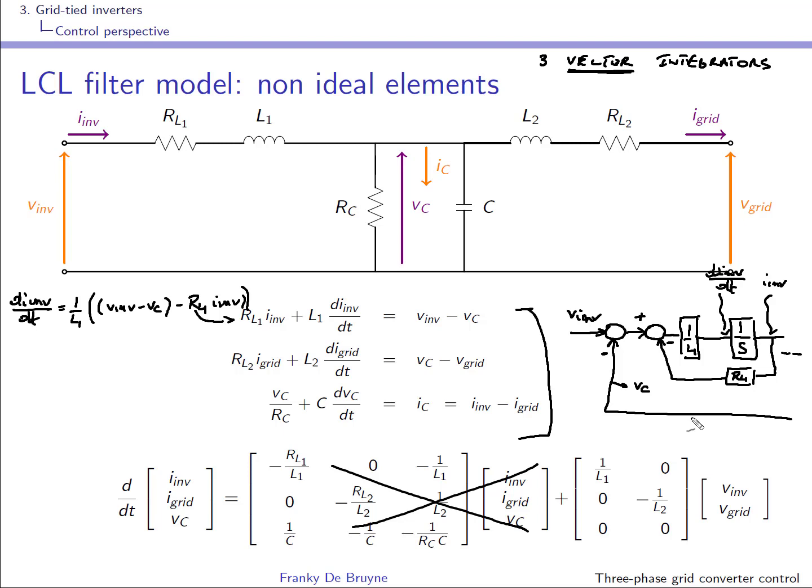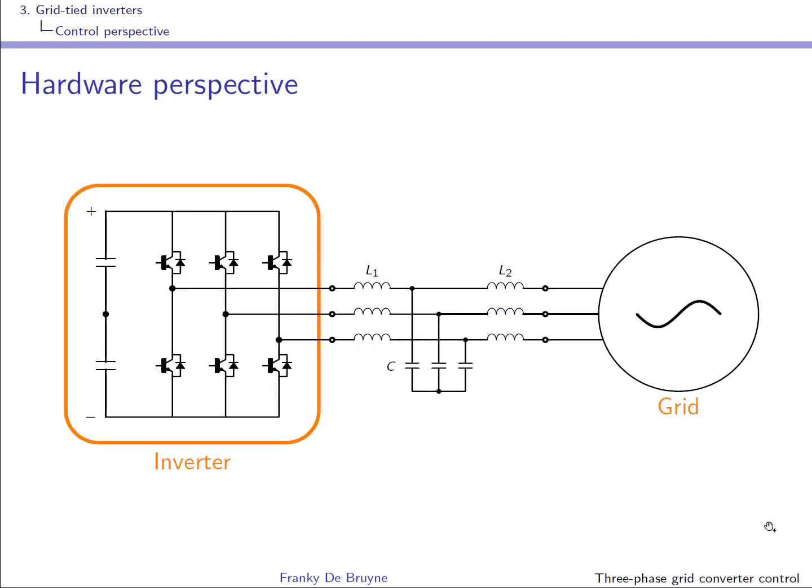There is still one part that is lacking in our model, that's the DC bus. We can see this DC bus as one capacitor of value C DC.